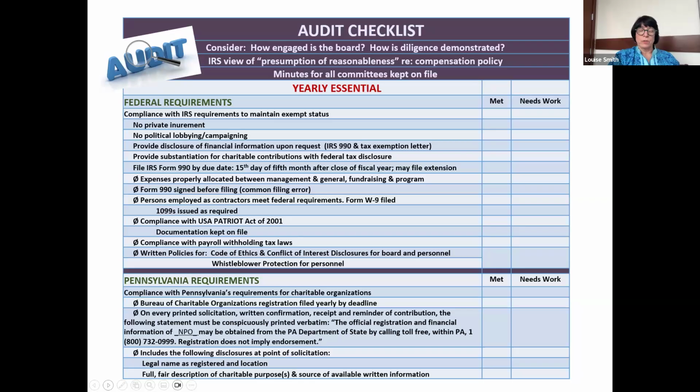So these are some cut and dry things. I'd be surprised if any of your nonprofits aren't doing it, but again, it's not a bad idea to go through the list.